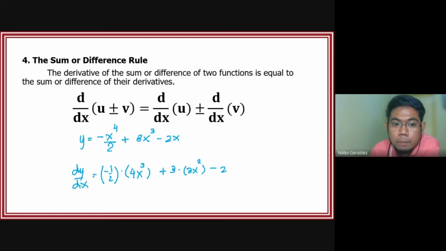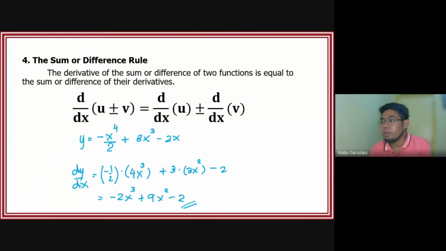Then simplify. Negative 1/2 times 4x cubed is negative 2x cubed. Plus 3 times 3x squared, that is positive 9x squared, minus 2. That is the derivative, using the sum or difference rule.